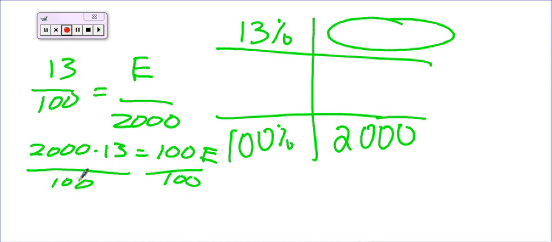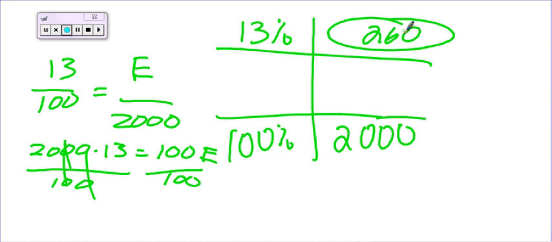Next step, divide. 100 is going to go into 2,000 all the way, cross off your letters, to make 20. 20 times 13 is, what's 2 times 13? 2 times 13 is 26. Add a 0. 260. So 260 letter E's on one page. On average.